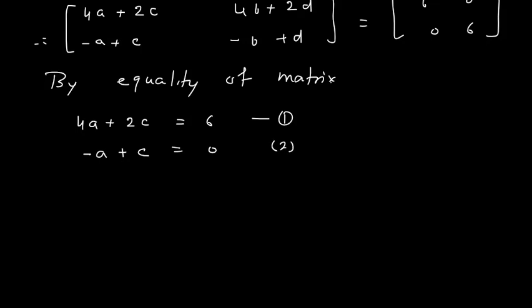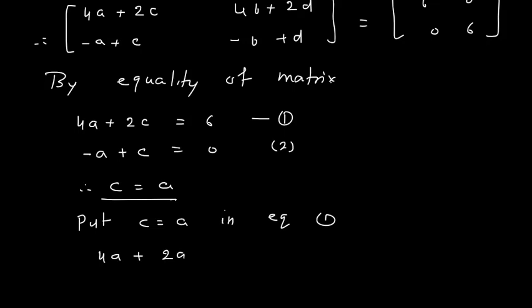Put c is equal to a in equation 1. So we get 4a plus 2a is equal to 6. So this implies 6a is equal to 6, and this implies a is equal to 1. So the value of a is 1. Therefore c is equal to a, which is 1. So the value of c is also 1.